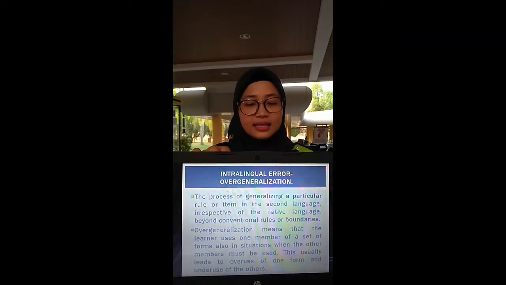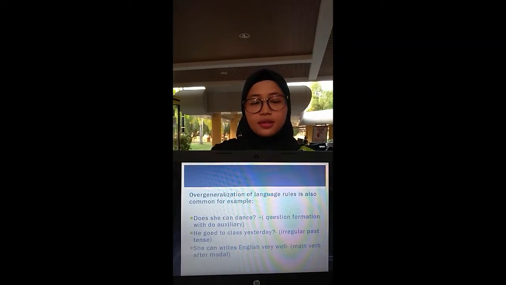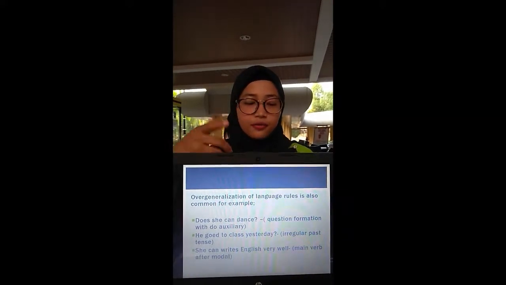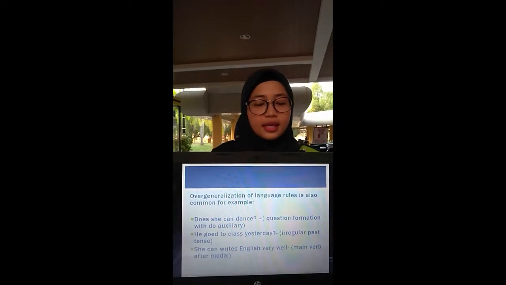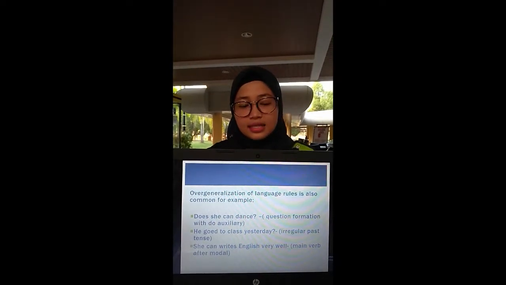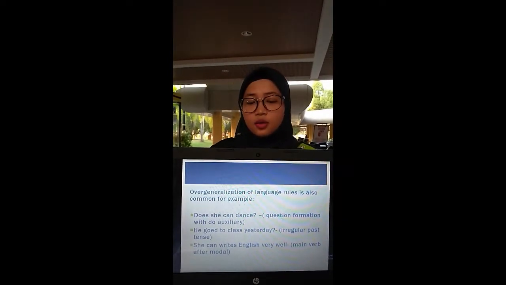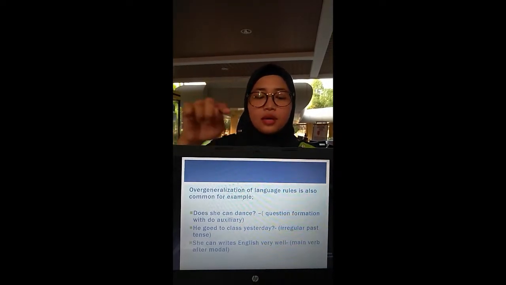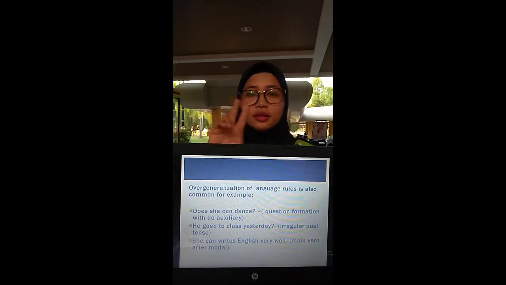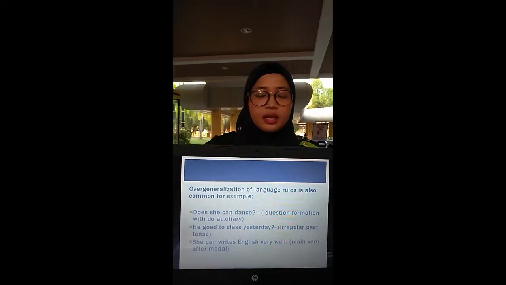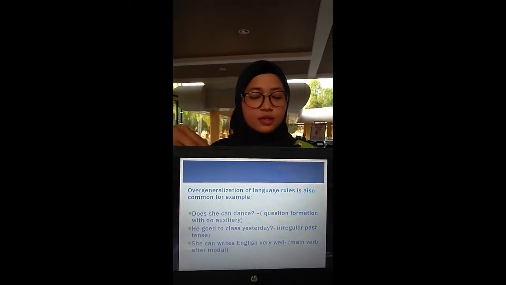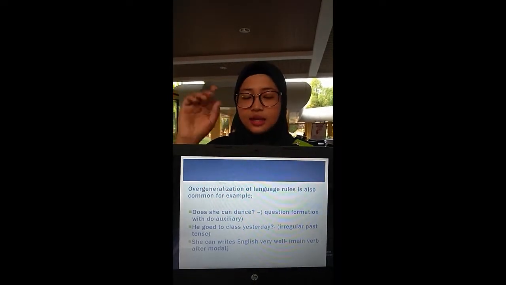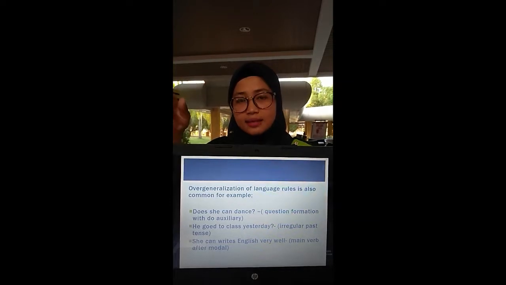So we can see the example. The overgeneralization of language rules is also common. For example, we see here first, "Does she can dance?" A question formation with do auxiliary. We have "does" here, and then we also have "can". So, double auxiliary here. And the second, we see, "He got to class yesterday." It's irregular past tense.